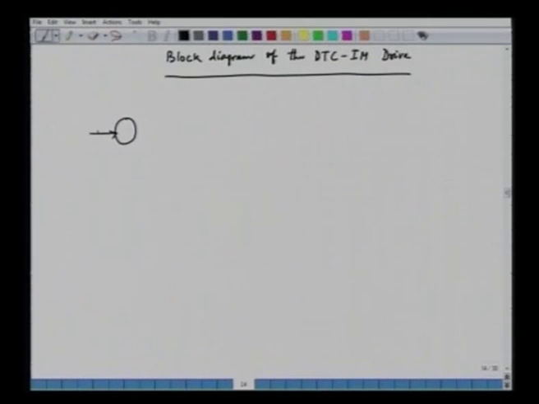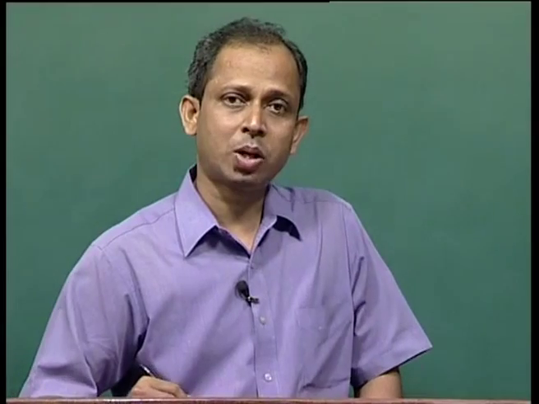the reference speed, and we can compare this with the actual speed. And then we can feed it to a PI controller. And usually the speed error is fed to a PI controller, and the PI controller gives us the reference torque.